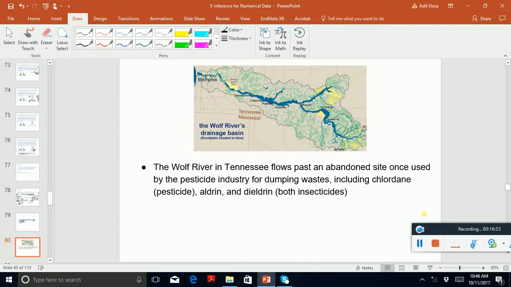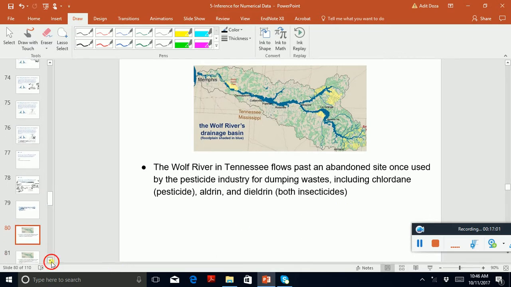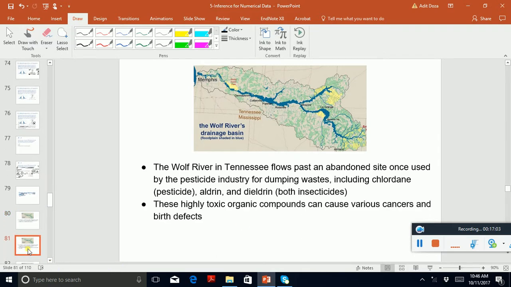The waste includes chlordane, aldrin, and dieldrin, both insecticides. These highly toxic organic compounds can cause various cancers and birth defects.